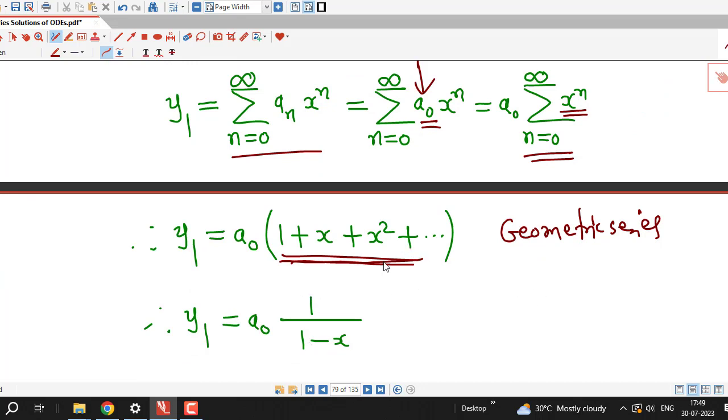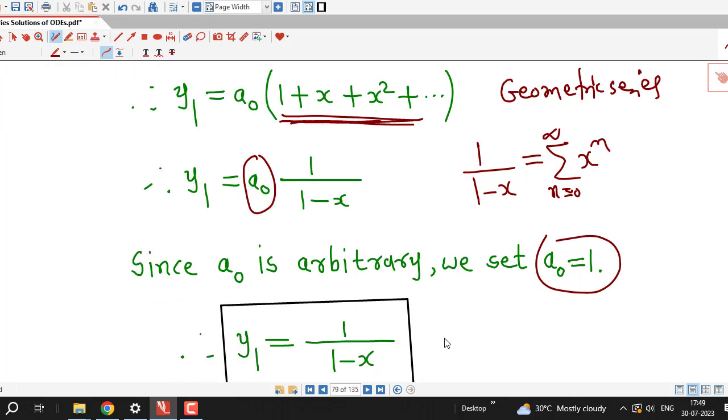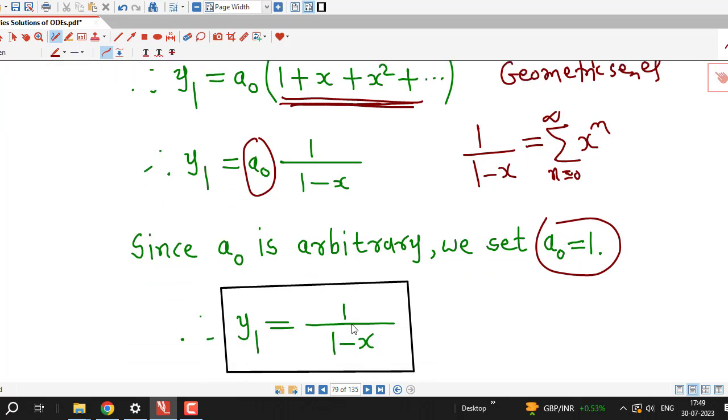And if you recall, in the Mathematics 1 course, we have seen that the Maclaurin series of 1 over 1 minus x is sigma x raised to n, n equal to 0 to infinity. Therefore I can replace this by 1 over 1 minus x, and this a0 is an arbitrary constant, so we can set a0 equal to 1, and we obtain the first solution as y1 equal to 1 divided by 1 minus x, and this is the closed form solution.